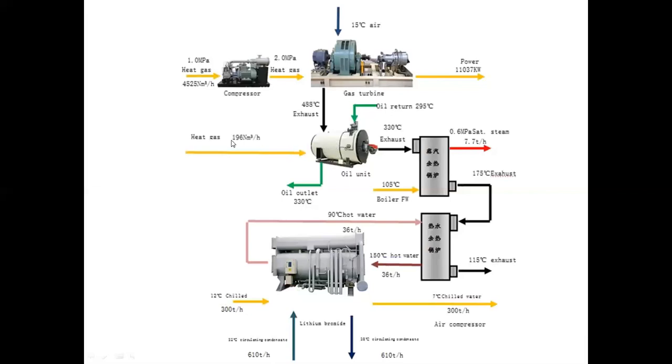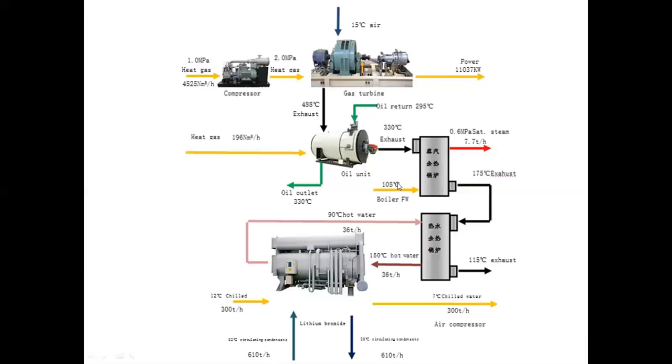And here we had to combust a little bit of additional heat gas, which they had plenty of, so that was not an issue. So we do a little combustion, heat the oil up, 35 degrees C, which is probably 65 Fahrenheit, and it goes out to the process. Then we take exhaust gas out of this at 330 and put it into a steam generator.